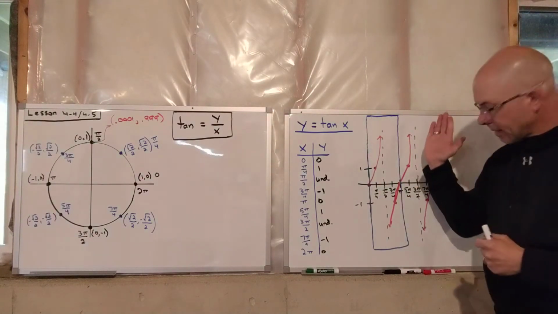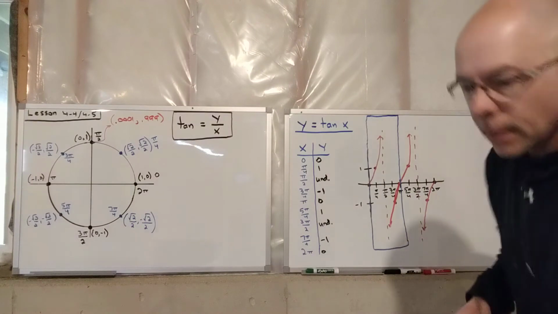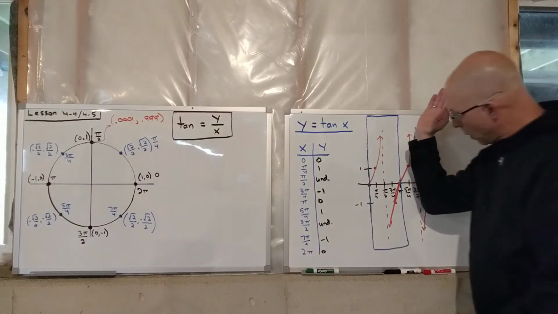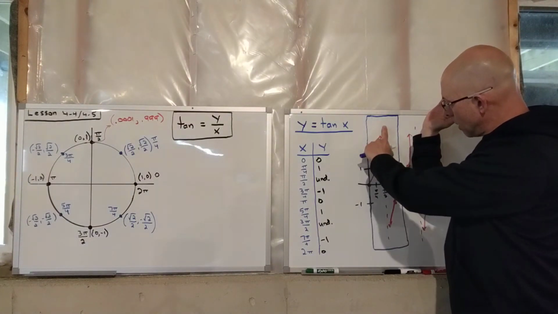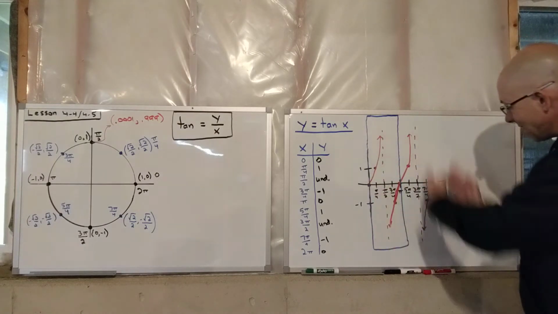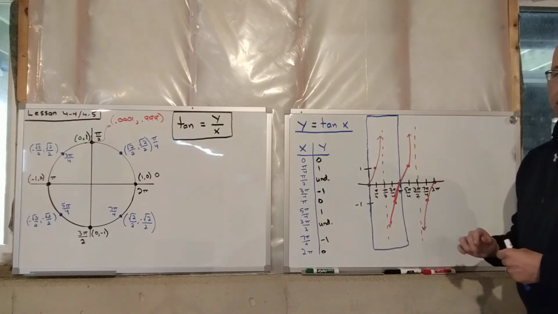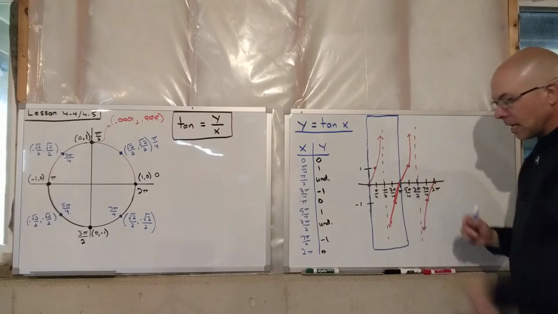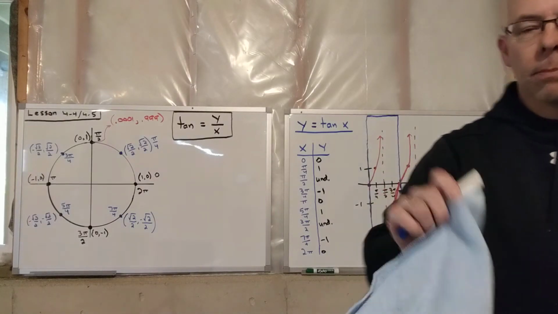Okay, look at that. And it's a weird looking shape because it's partially going up to the undefined and partially swinging down. This side is an exact replica of that.